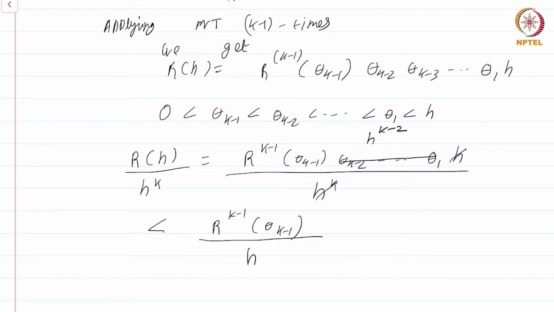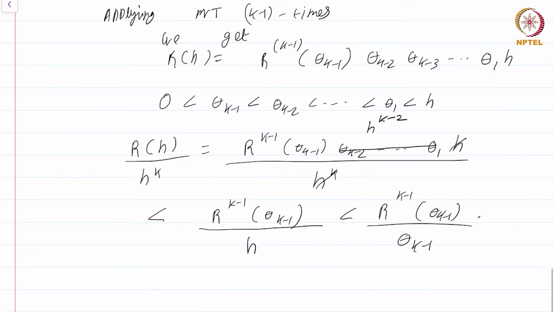Okay. Now what I am going to do is be clever. The denominator I am going to replace by a smaller quantity and write this is less than R^(k-1) of theta_(k-1) divided by theta_(k-1), which I can do. Now as h goes to 0, theta_(k-1) also goes to 0. We don't know how it goes to 0, but it certainly is going to go to 0.